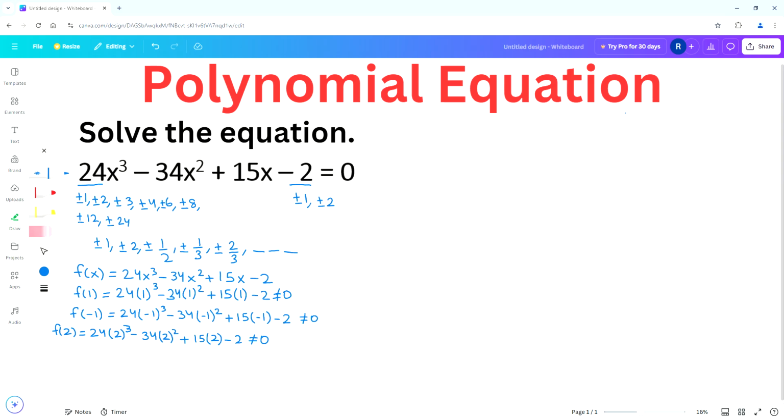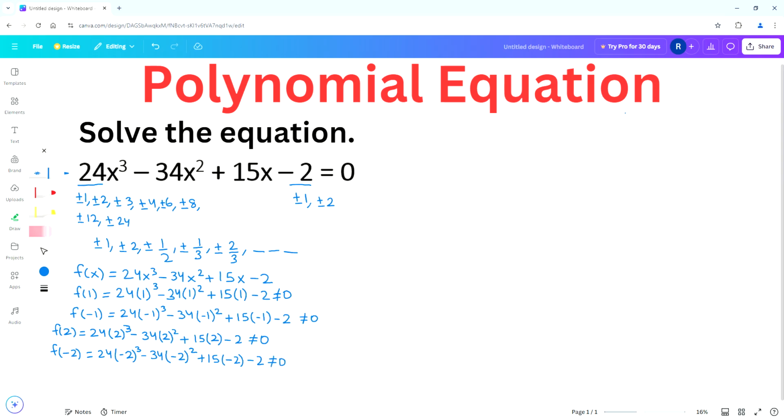Next we can try the next x value, -2. When we combine these terms, we do not get a value of 0.